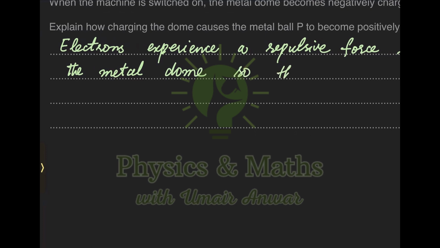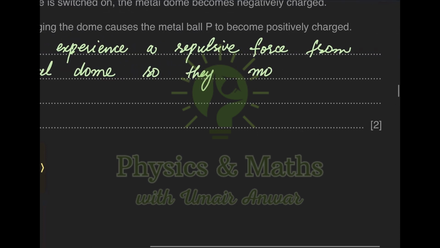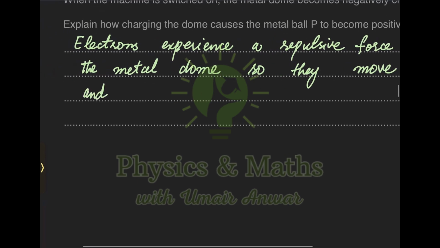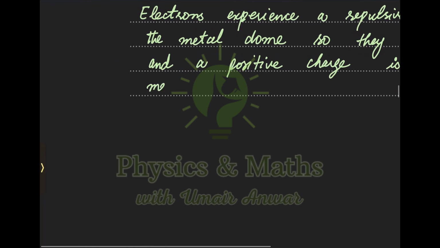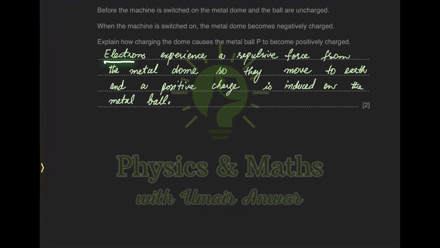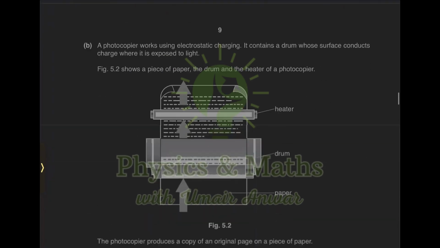So they move to earth, and a positive charge is induced on the metal ball. So for a 2-mark answer, these 2 points are important. The electrons are experiencing a repulsive force, and then they are moving to the earth. So these 2 points are going to earn us 2 marks for this particular question.